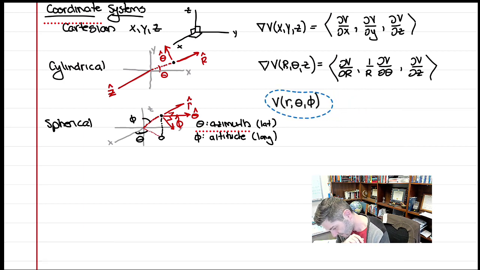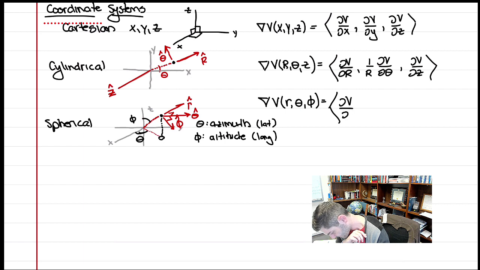But again, if I want to take a derivative of this thing, 2 of those are angles. So the first term does end up being dV/dr, but then the others can't be dV/dphi and dV/dtheta, because that doesn't give me the right units of volts per meter.